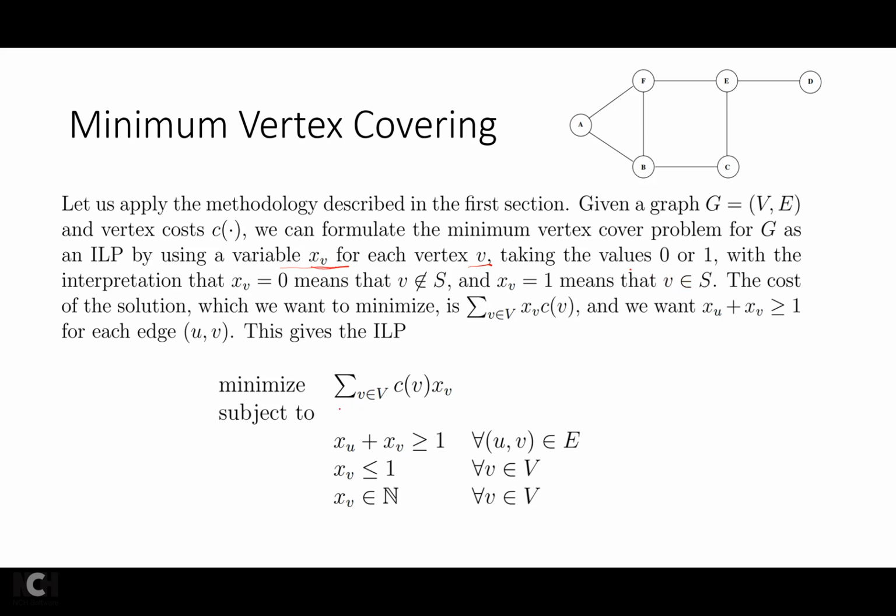And we minimize the sum of all the selected vertices. Sometimes people also want to check minimum weight, using the vertex weight to decide how to select the vertices. And the constraint corresponds to this: for each edge, we need to make sure at least one vertex is included in this minimum vertex cover. So it means for every edge, xu plus xv should be larger than or equal to 1.